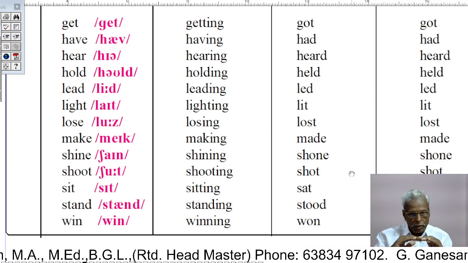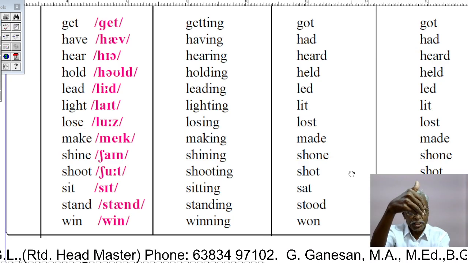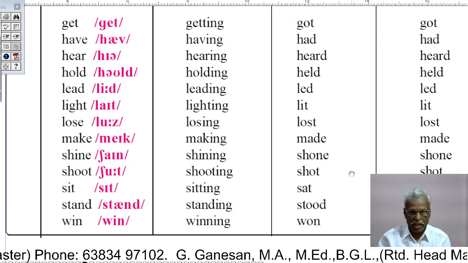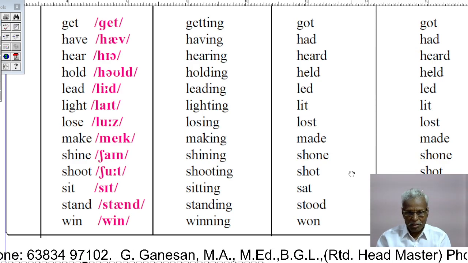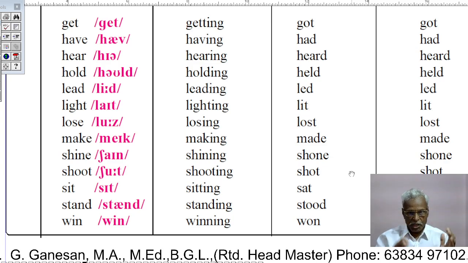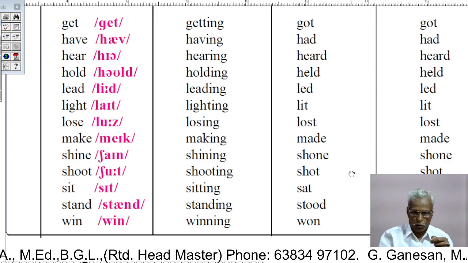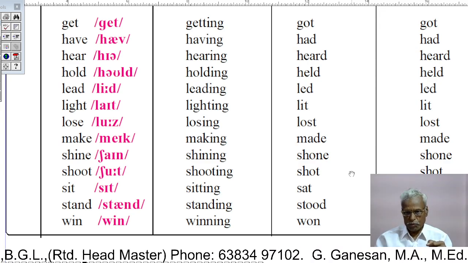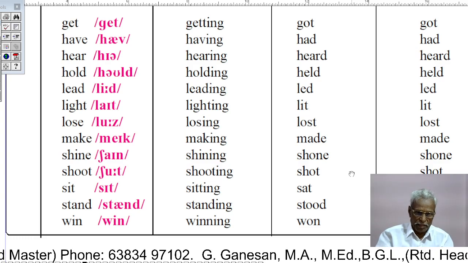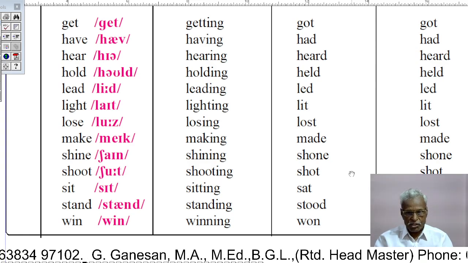The verb make: drop the K and take D to form past and past participle, made. Shine: drop the letter I and take O, shone. Shoot: drop one letter, one vowel, to form past and past participle, shot. Sit: drop the letter I and take A, sat.